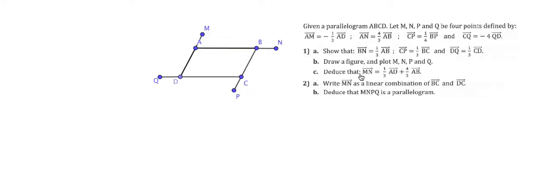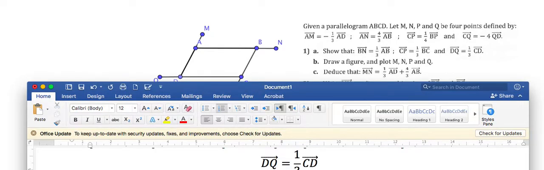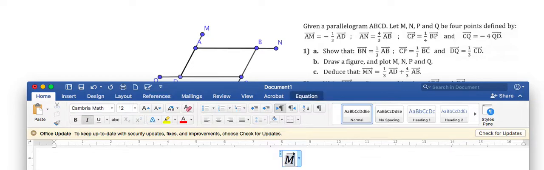Next, we have to deduce. It means we should use the previous result, that MN equal a third AD plus 4 over 3 AB. In other words, I have to write MN as a linear combination of vectors AD and AB. This is part C. What will I do here? I will decompose vector MN. I should use the given.